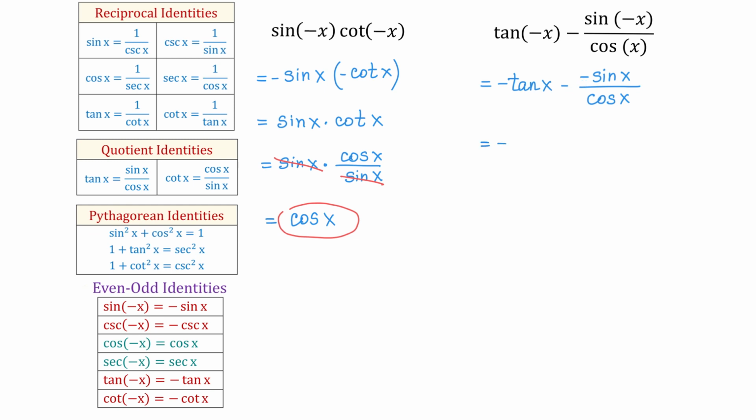Then we will have negative tangent of x plus sine of x over cosine of x. But sine of x over cosine of x is tangent of x. So now we will have negative tangent of x plus tangent of x, and all this equals 0.